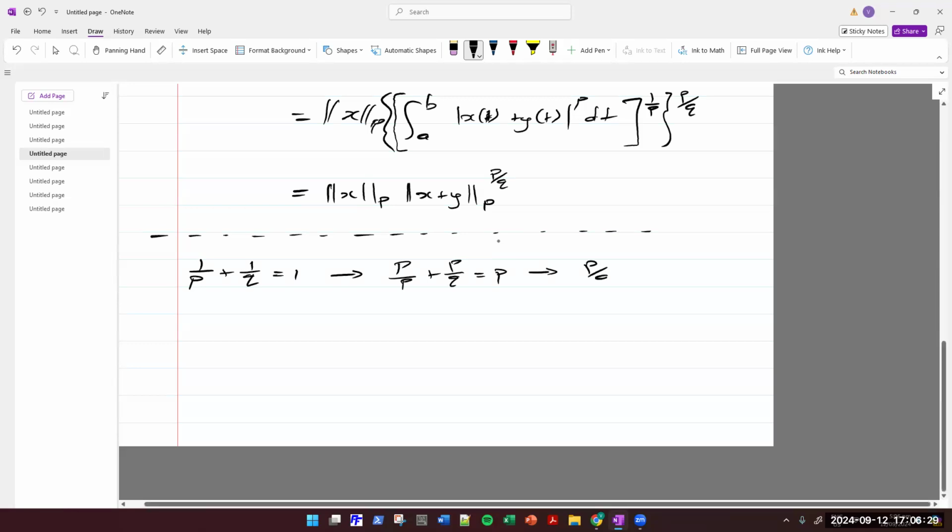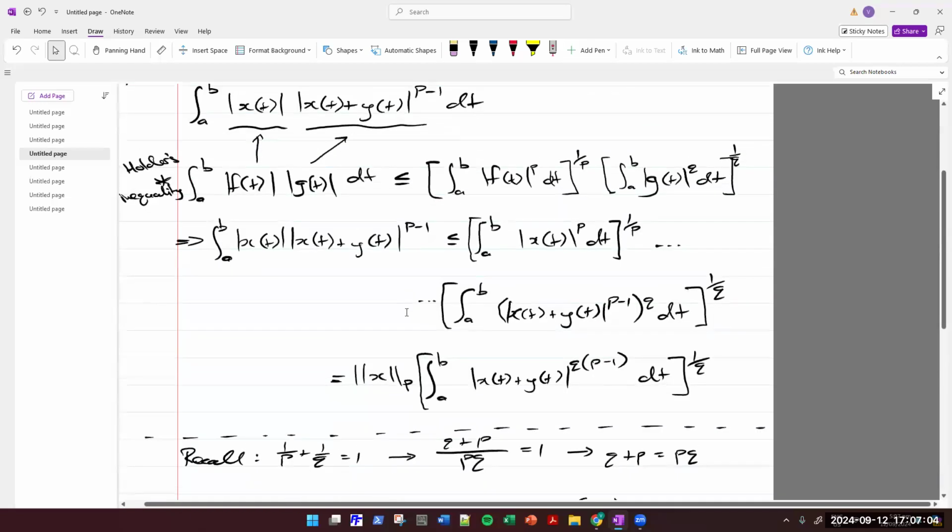So p over q, which is what I want to figure out, is p minus 1. So this term up here is p minus 1. So that is equal to norm x p, norm x plus y, p to the power of p minus 1. Okay, and now we're almost finished.